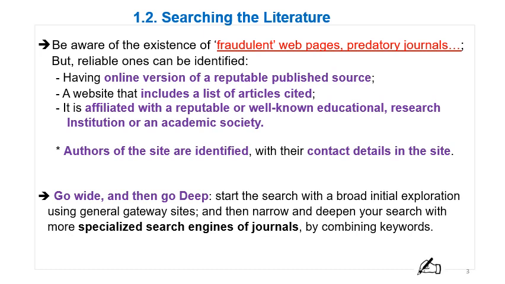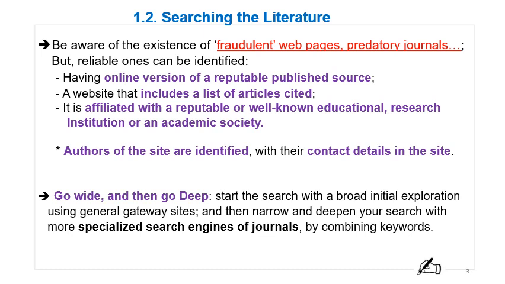But there are many reliable journals, reliable web pages that we can use. So better to use web pages, journals having an online version and good reputations. Also, websites that include a list of articles cited.